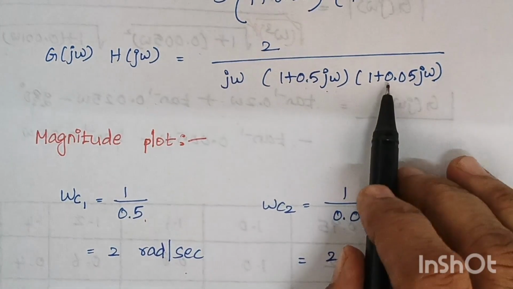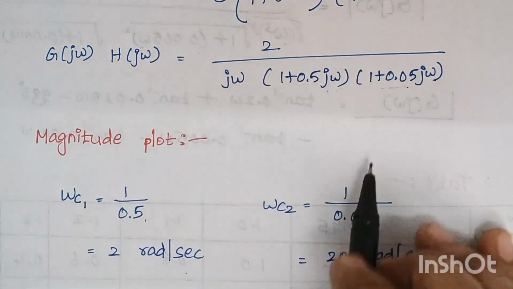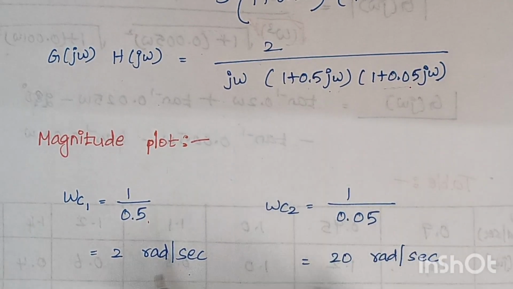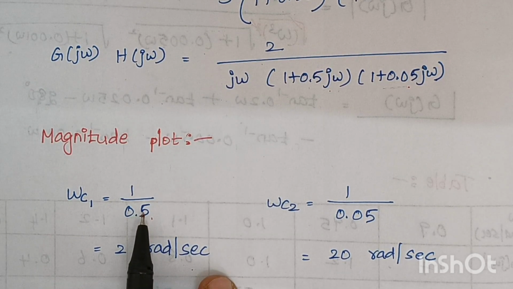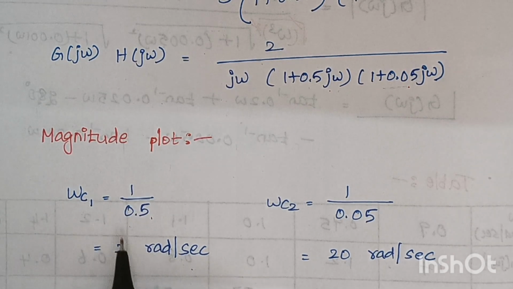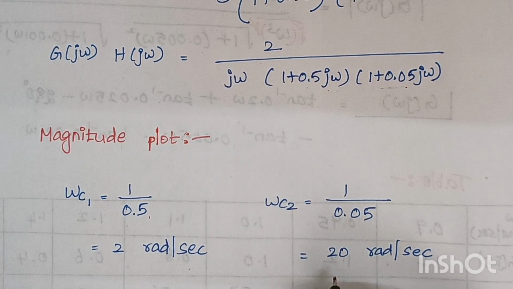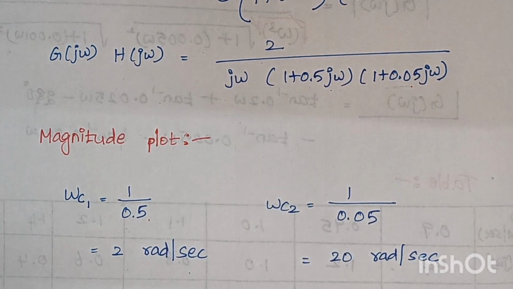Similarly, the reciprocal of 0.05 gives the answer as 20 radian per second, right? The corner frequencies should be numbered in ascending order. The least value is 2, so this corner frequency is named as 1, and the next higher value is 20, so it is named as 2, right?